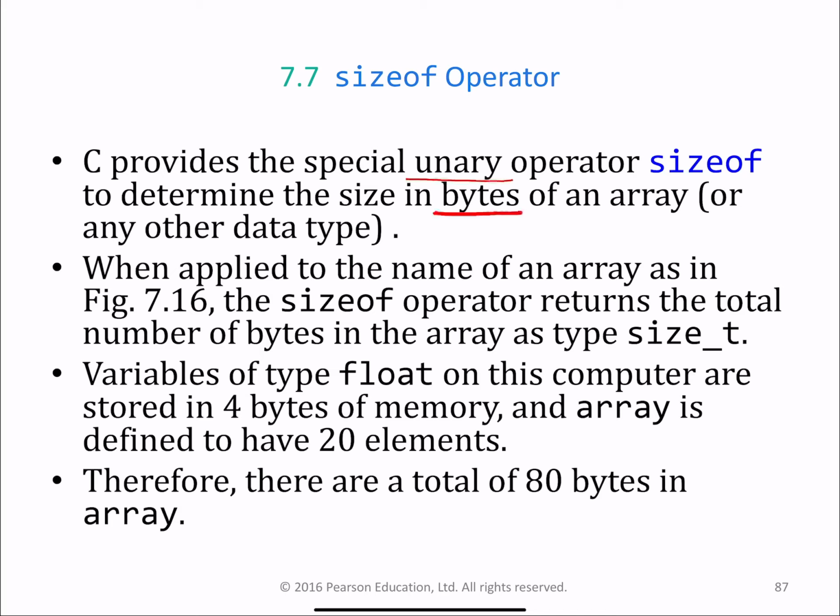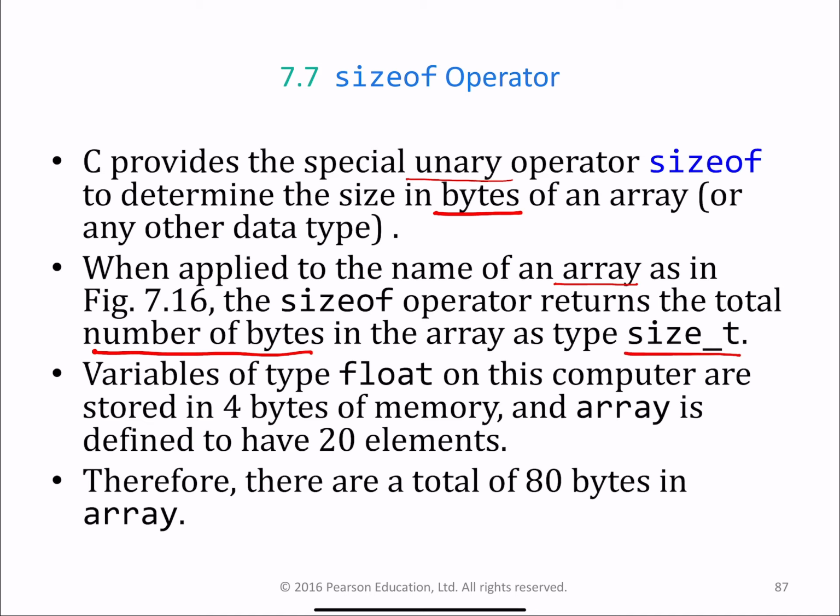Now, when we apply the sizeof operator to an array, and we'll demonstrate that in a second, it returns the number of bytes that array takes up, and the return type is size_t.